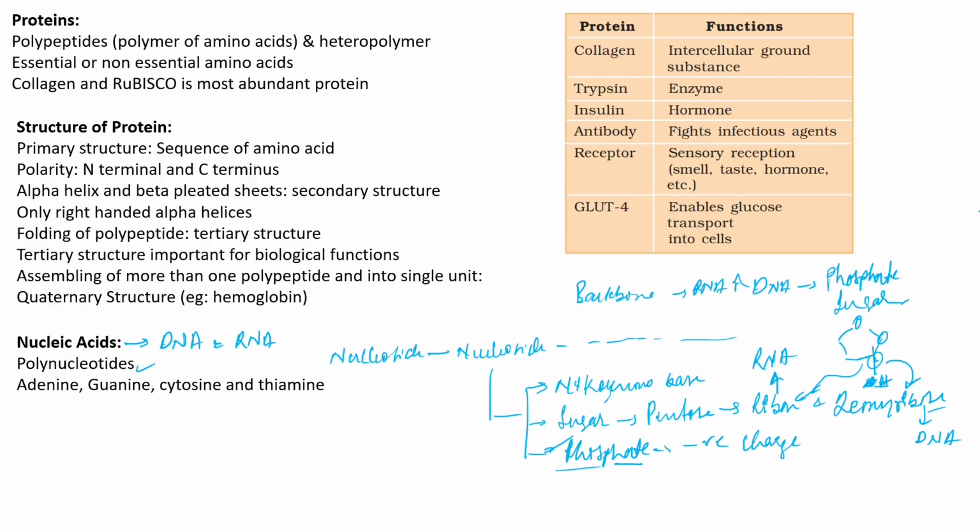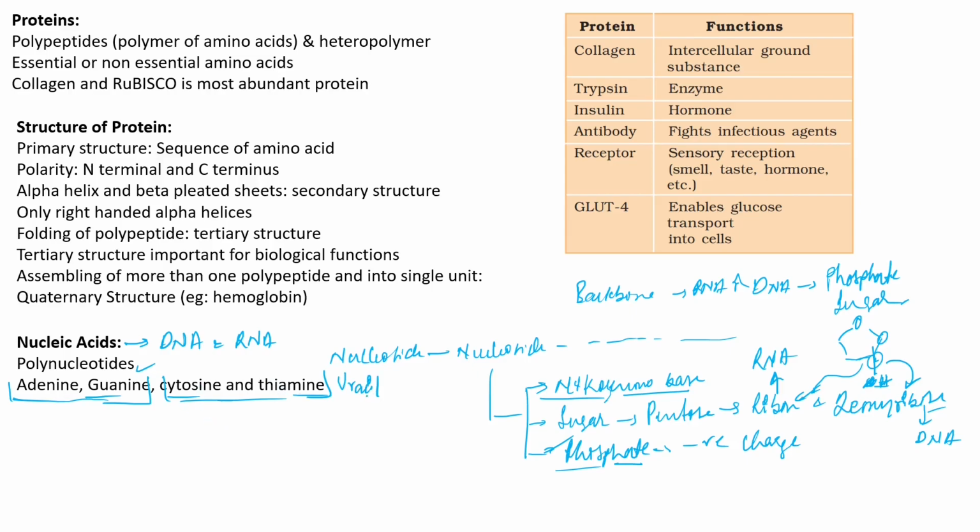Now let us look into the nitrogenous bases. Here we have four different nitrogenous bases. The first is adenine, and the next are guanine, cytosine, and thymine. At the same time you also find one more base, called uracil.